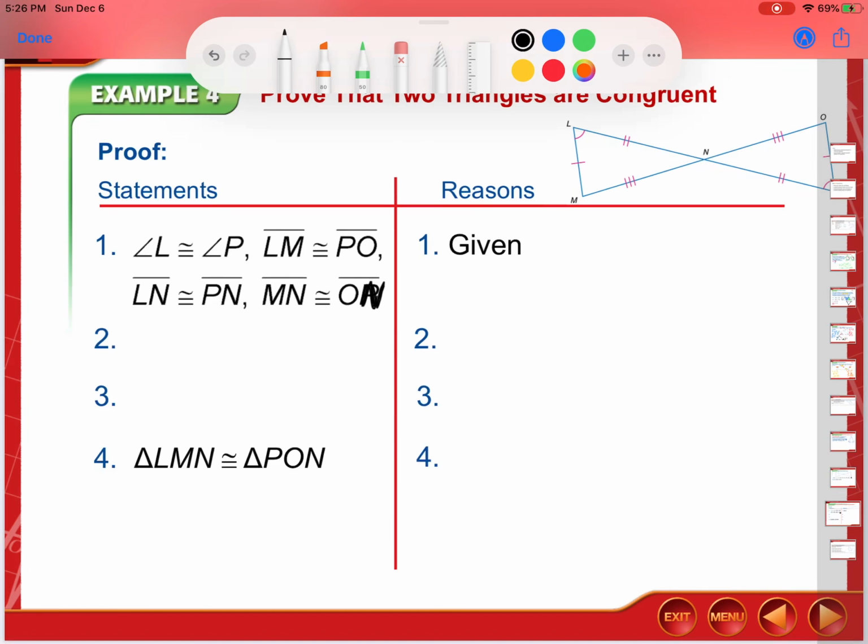Now, the important thing for us to know here is we have 3 corresponding side lengths. So we know all 3 of the side lengths are the same. Now, we don't know this yet because we haven't learned the theorem for it.